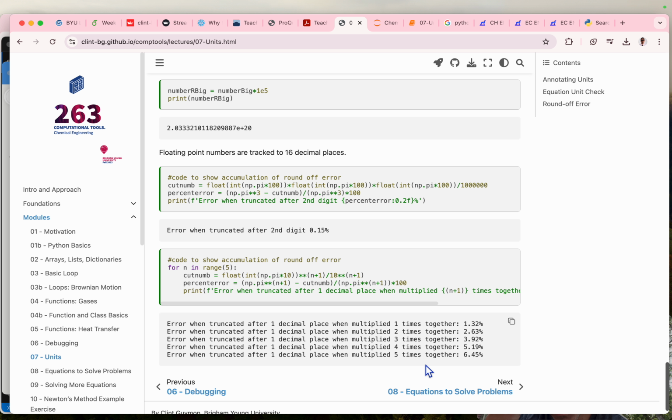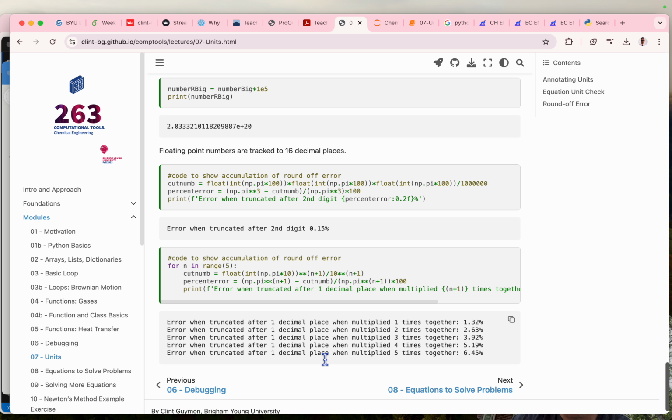So this is trying to convey that if you truncate your numbers prematurely before you report the final answer, you can get some 5%-ish error depending on how many operations you're doing. And this was just multiplication. Round off error can be greater or less depending on the operation.